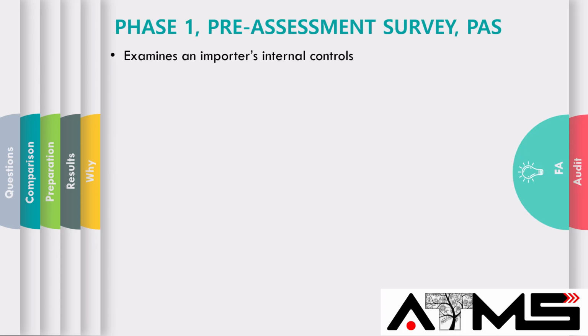The pre-assessment survey, PAS, phase of FA evaluates whether the importer has adequate internal controls in place. If a general audit focuses on facts, a focused assessment focuses on the system behind those facts.